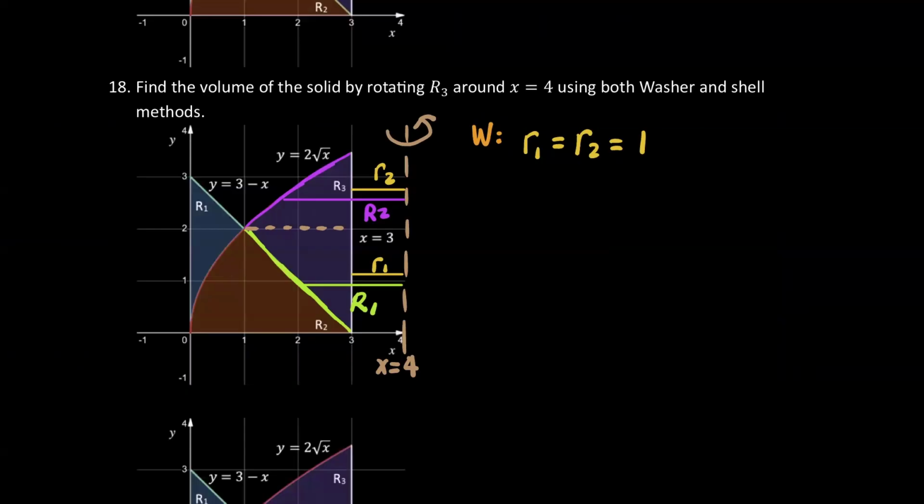And how do we find the big R? What we know here is this segment is 3 minus y, right?